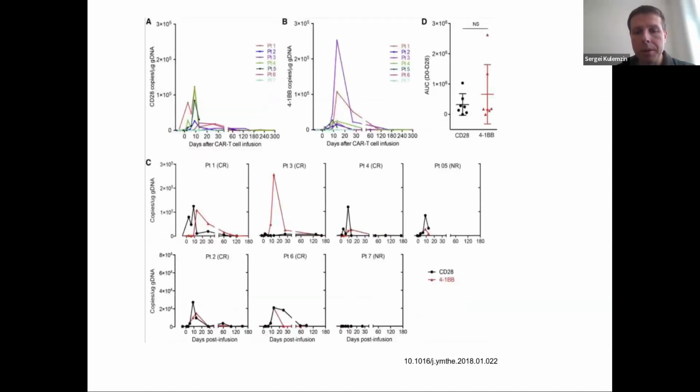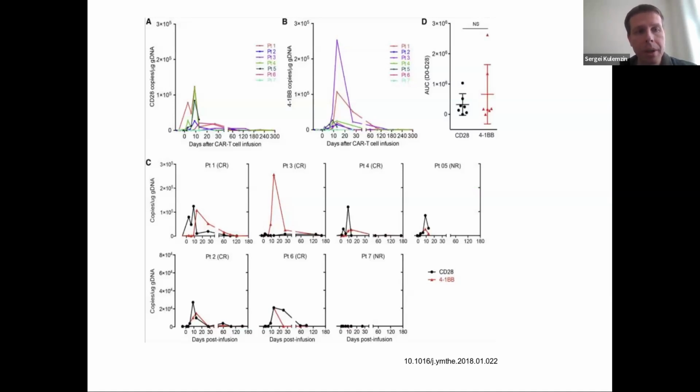That's why, for me, it was really interesting when I realized that one Chinese team were able to compare different designs of CAR T cells by combining these CAR T cells and infusing them into the same patient. So they made not even a side-by-side comparison, but a comparison of similar CAR T cell products manufactured from the same T cells and then infused into the same patient.